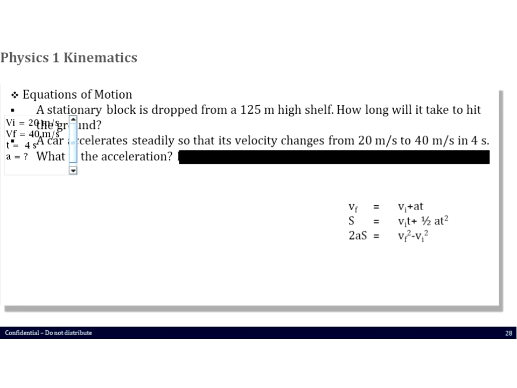Subtract 20 from both sides and rearrange. 4A is equal to 20 and A is equal to, divide both sides by 4. A comes out to be 5 meters per second square. Your last offer is accepted. Good.